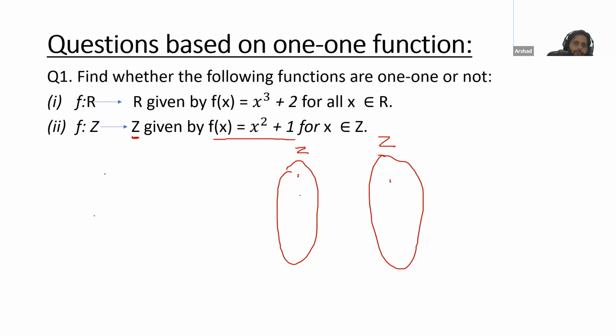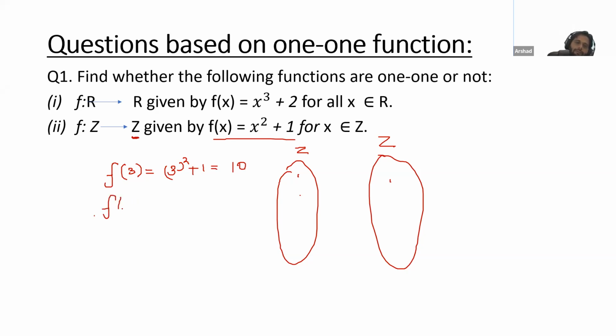Tell me, what is the value of f(3)? 10. 3 squared plus 1 will give us 10. This is not x cube, this is x squared.